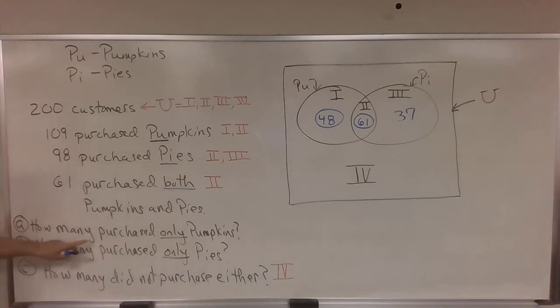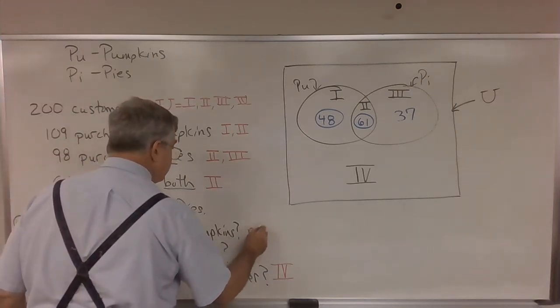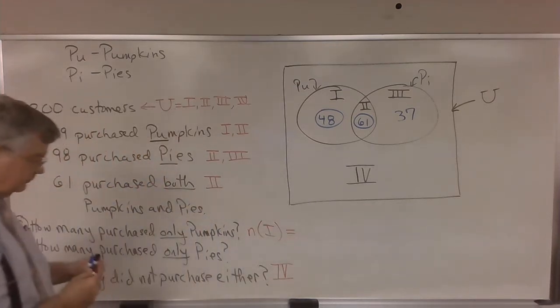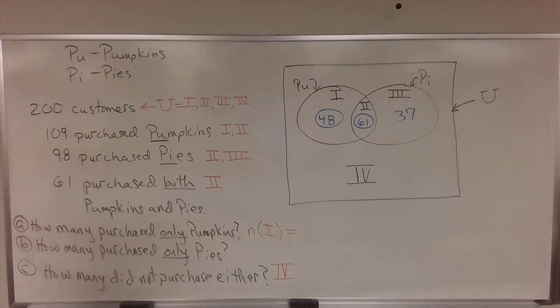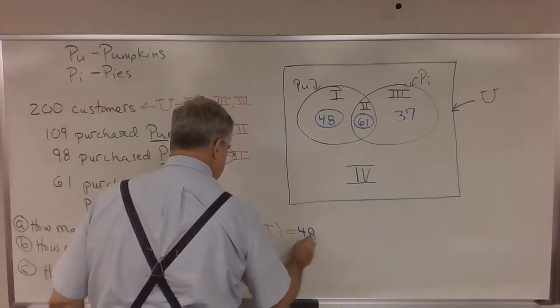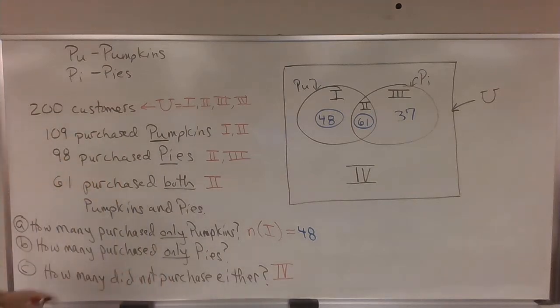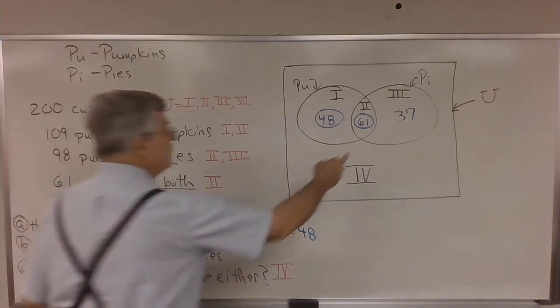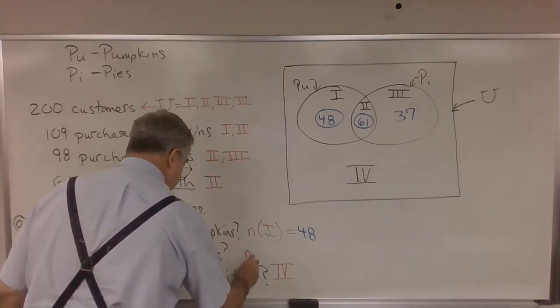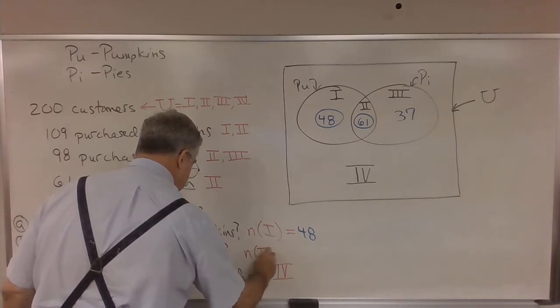See, how many purchased only pumpkins? That was the number of people in region 1, and that's equal to 48. And how many purchased only pies? That was region 3, or the number of people in region 3.